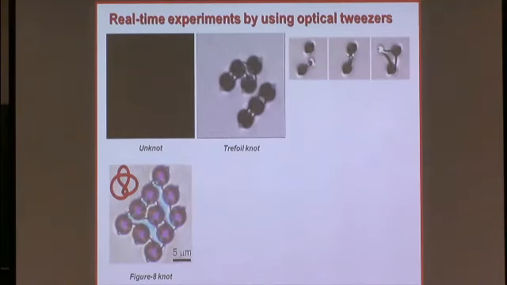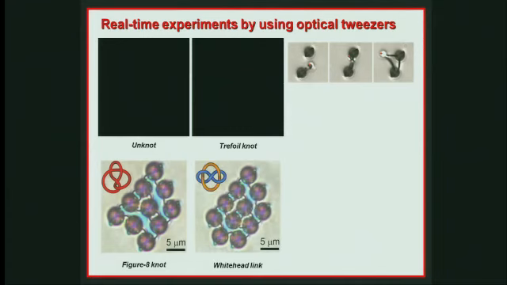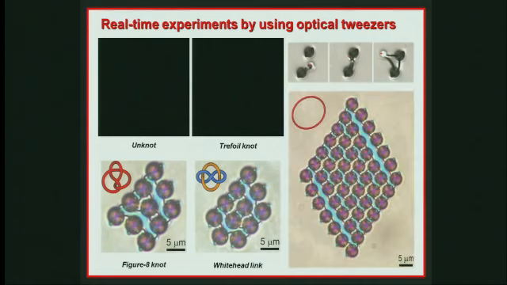You can pull them, you can stretch them, and you apply enough heat to melt this order here, and then they reconnect with another strand. By following such procedures, you can make many different topological structures, like the figure-8 knot or the Whitehead link, or even some very big structures which are topologically very simple.